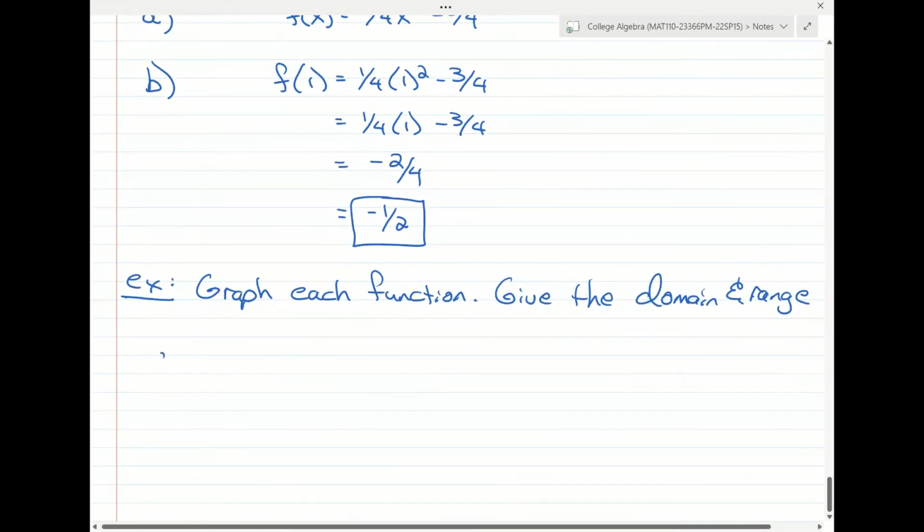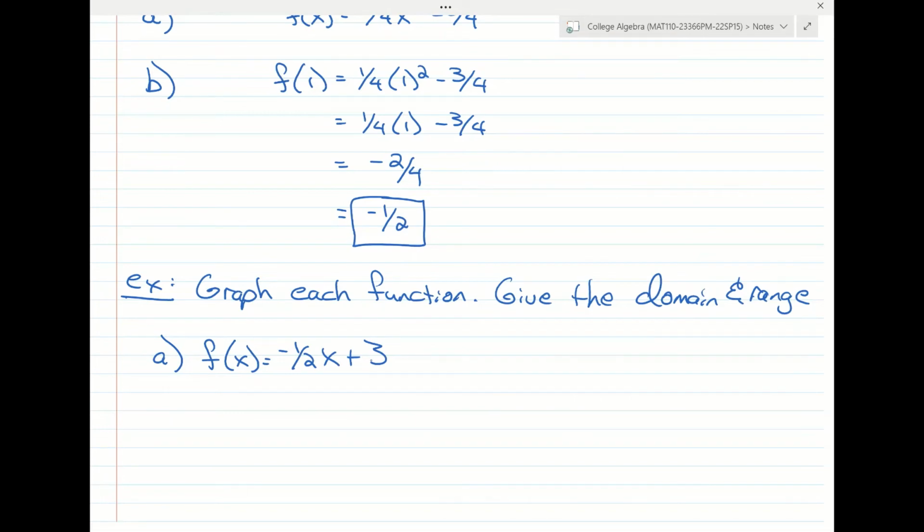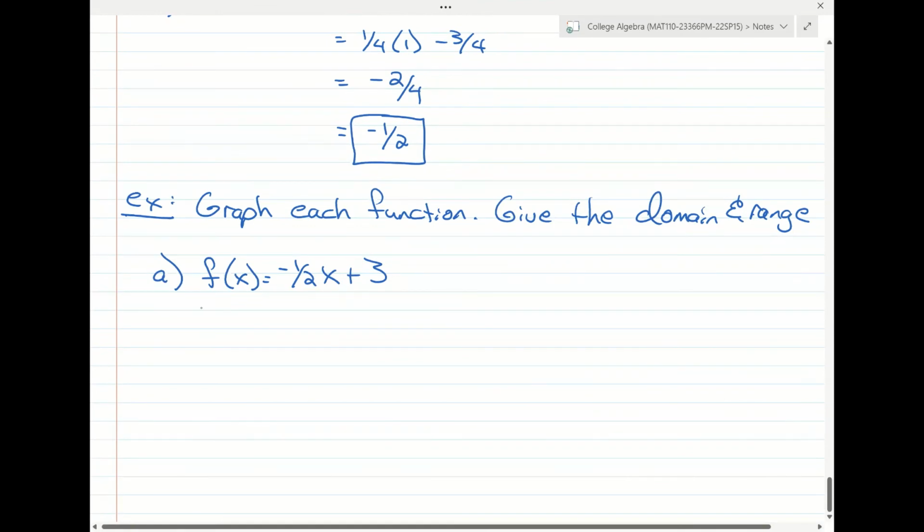Let's start with a problem like this. It says f of x equal to negative 1/2 x plus 3. Remember, f of x is the same thing as y. This is just y is equal to negative 1/2 x plus 3, where 3 is the y-intercept, and negative 1/2 is your slope.